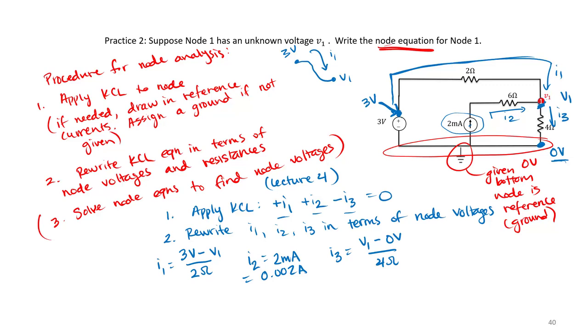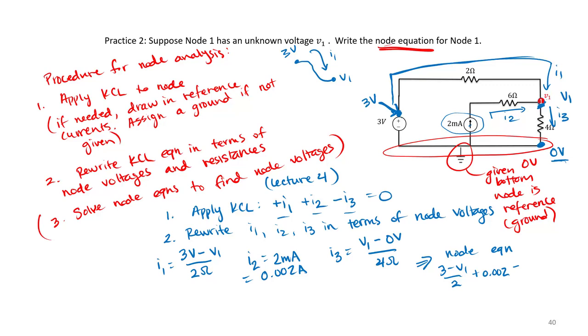Now I can substitute those currents into my Kirchhoff's current law equation, and I determine my final node equation. The equation is 3 minus V1 over 2 minus 0.002. Whoops, be careful of signs.